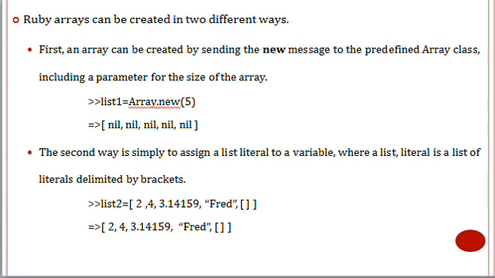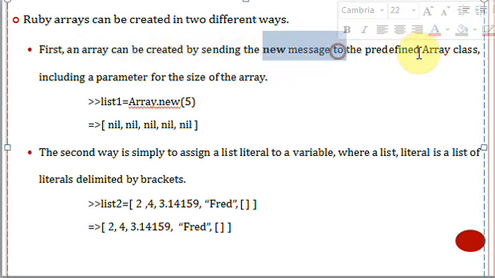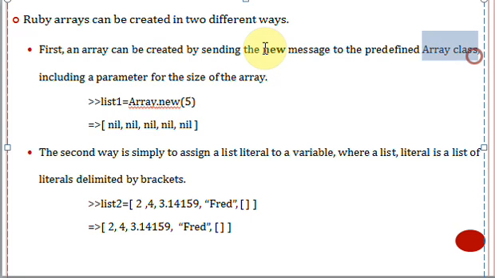Okay, next, how you can create an array. An array in Ruby can be created in two different ways. In the first method, an array can be created by sending the new message to the predefined Array class, including a parameter for the size of the array. So in the first method, we are using a message called new.